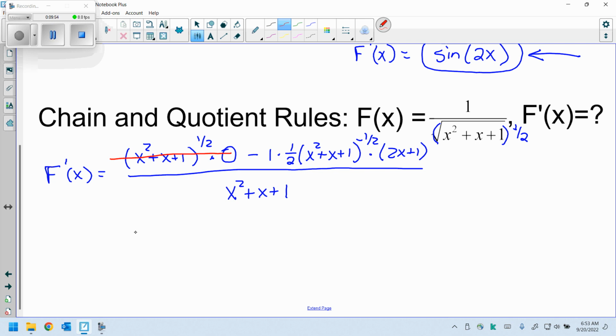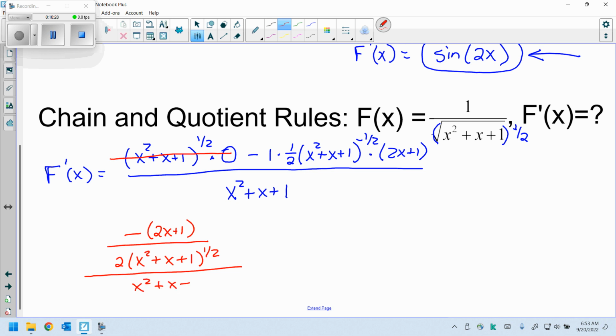But what we're going to have is we're going to have negative 2x plus 1 over, see, we're going to have a 2 down there, x squared plus x plus 1 to the 1/2, divided by x squared plus x plus 1.